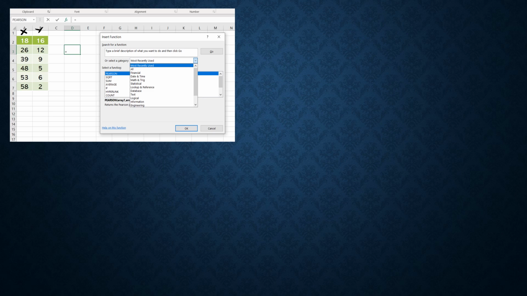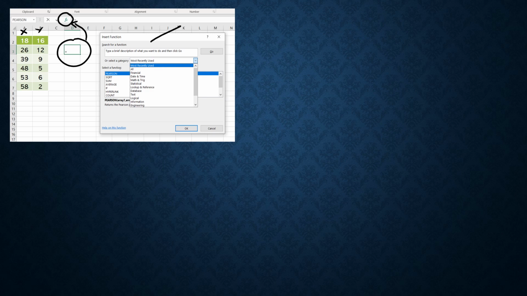What are you going to do? You're going to press equal. So as you can see, I press equal, and then I press this one, f of x. And then if you press that, we will be having this one.